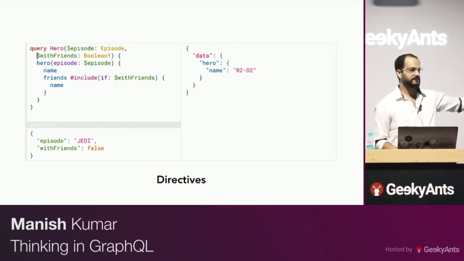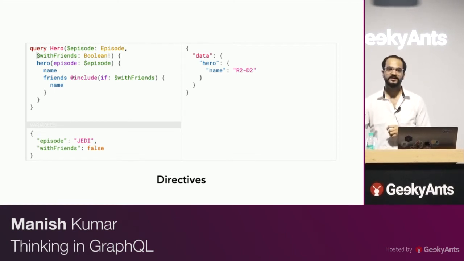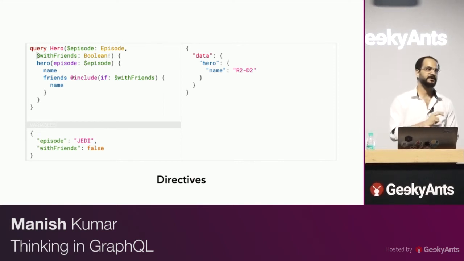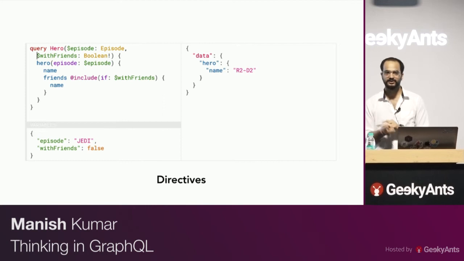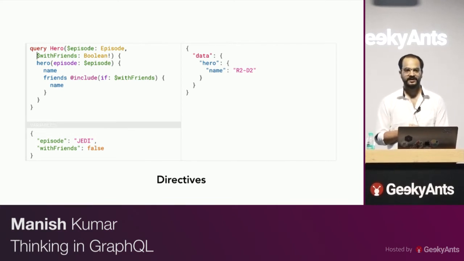Include only if the friends variable is true or false, right? So you can change the structure of your query based on certain conditions. So directives help you with that. GraphQL comes with exactly just 2 directives, include and skip, but like I said, you can write your own directives as well.